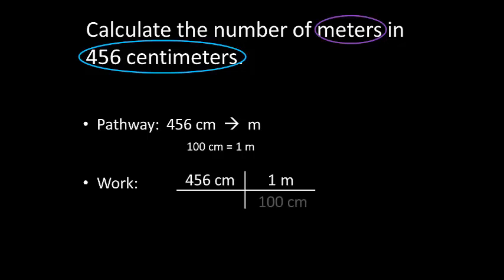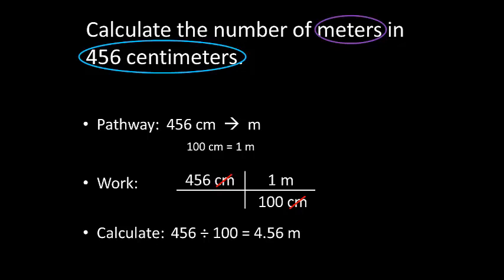That means the 100 centimeters must go on the bottom. Double check by crossing out your units. Only meters remains, so we're good. To calculate, take 456 divided by 100, because 100 is on the bottom, and the answer is 4.56 meters.